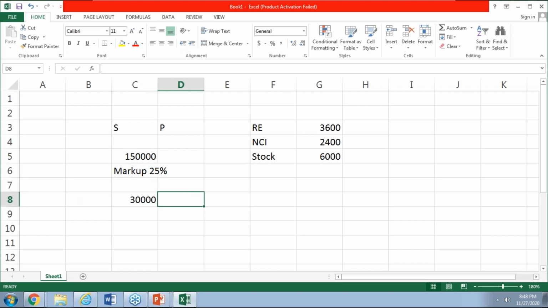But the question says that the company has remaining only 1/5 of this stock. So 1/5 of this stock means 1 divided by 5. So 6,000 is the amount of the profit that is still remaining in the warehouse. And we have sold 4/5 of this stock, 4 upon 5.